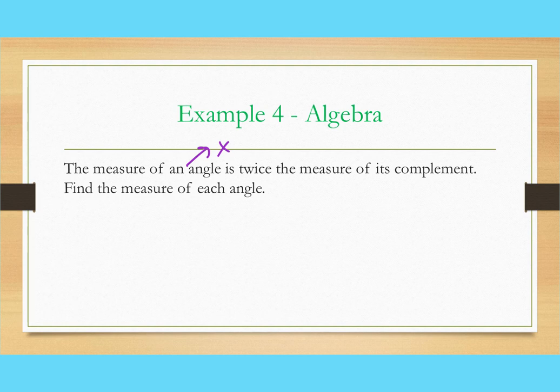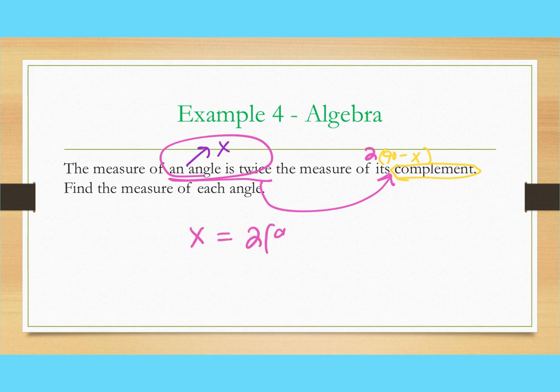So the measure of the angle is x. The measure of its complement is 90 minus x. That's the replacement of complement. But it's saying this angle is twice that angle, so how do I show twice that? This is twice this. So x equals 2 times 90 minus x.